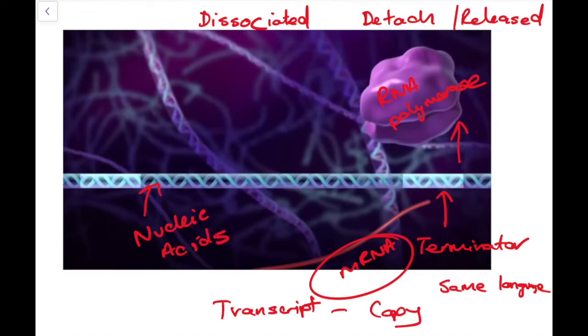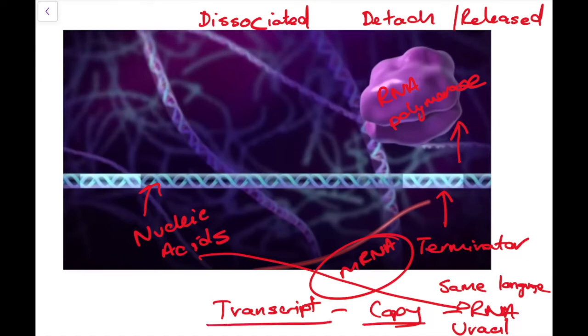So the language is nucleic acids, and the copy, the RNA, is in the same language. Apart from uracil, which replaces thymine, it's exactly the same language. So it's a single-stranded copy of one of the strands in the DNA.